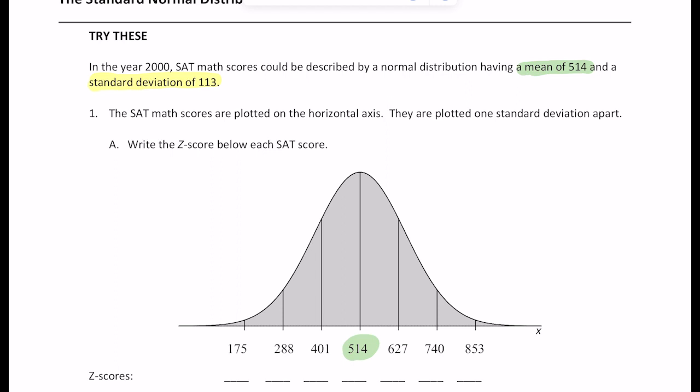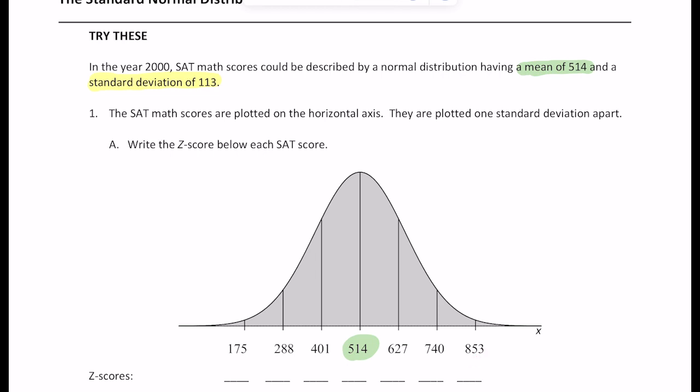So it tells us that we have a standard deviation of 113. So all we're going to do is add 113 to 514, and that gives us 627. Okay, this is one standard deviation above the mean. And then 627 plus 113 gives us 740. And 740 plus 113 gives us 853.